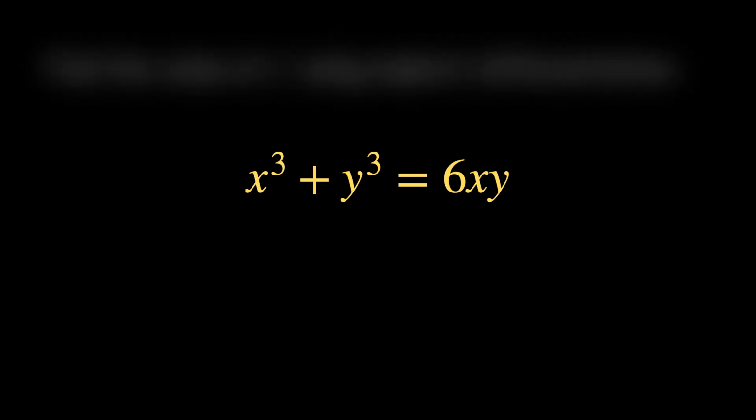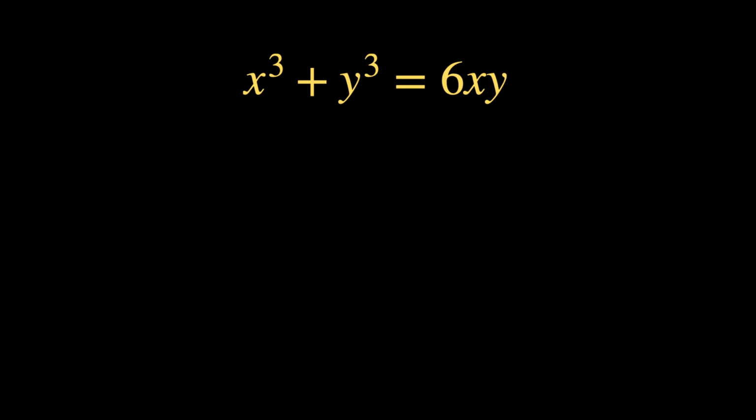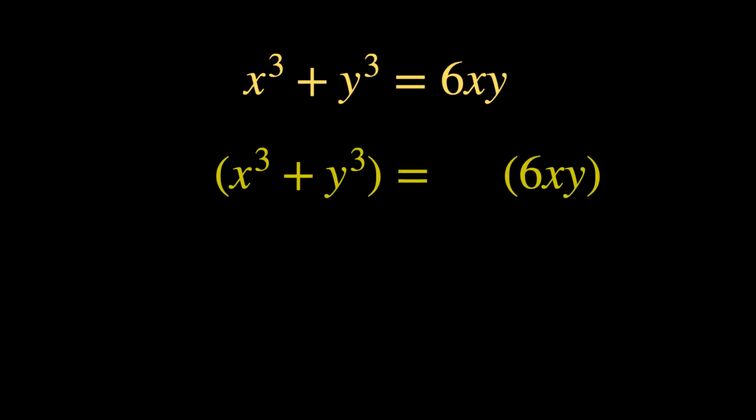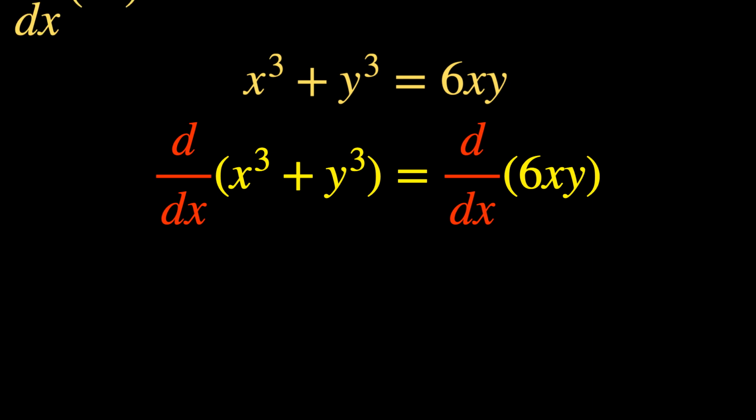First step, we need to get the derivative of the left side of the equation as well as the right side of the equation. In order for us to get the derivative of the left side, we need to get the derivative of x cubed and y cubed. To get the derivative of x cubed, we multiply the exponent to its numerical coefficient.